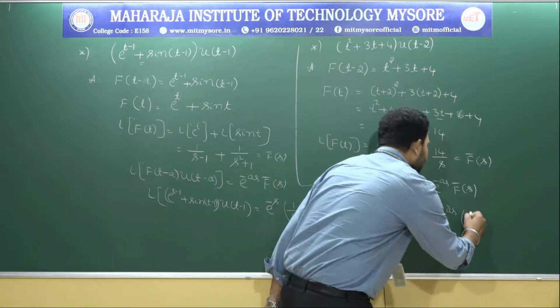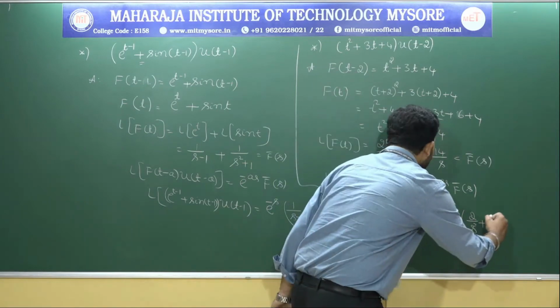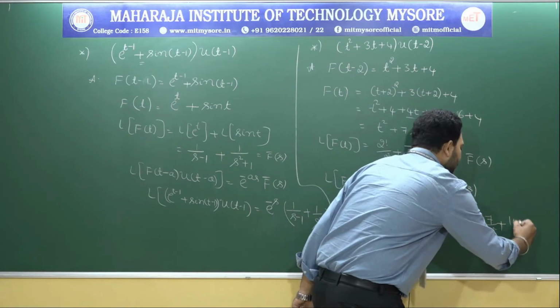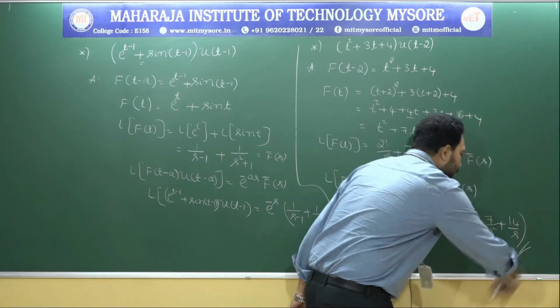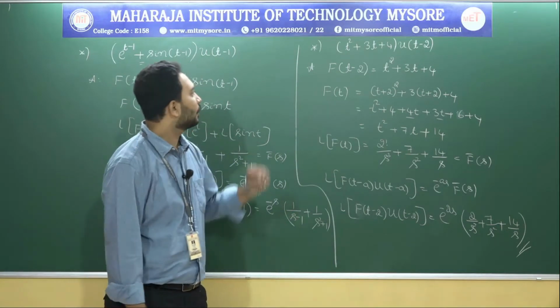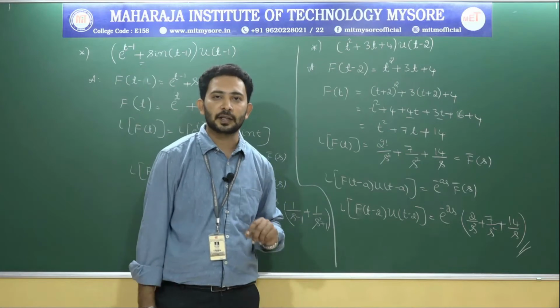What is f bar s? It is 2 by s cube plus 7 by s square plus 14 by s. So this is the required result for t square plus 3t plus 4 into u into t minus 2.